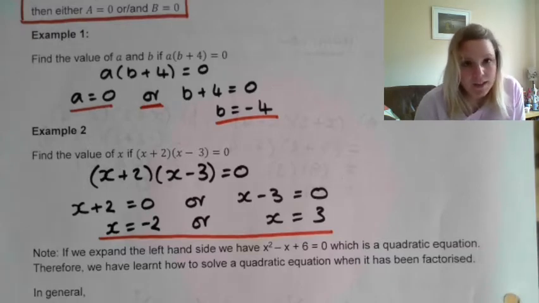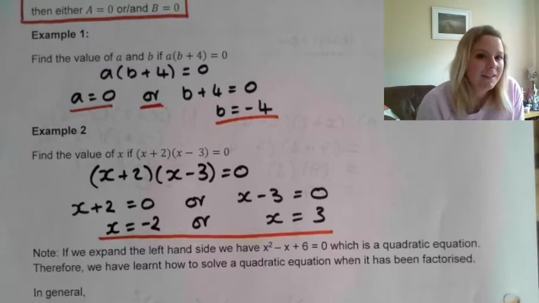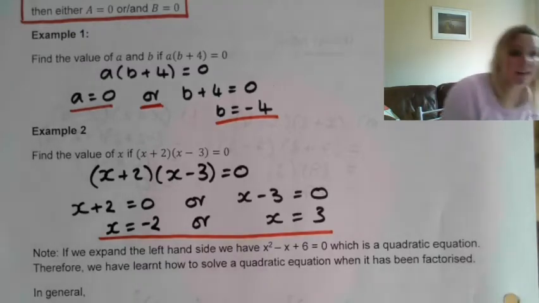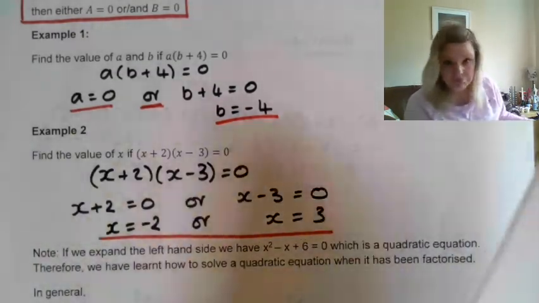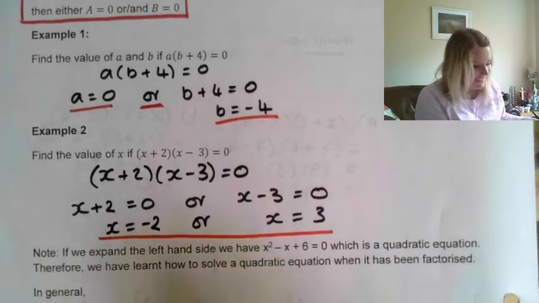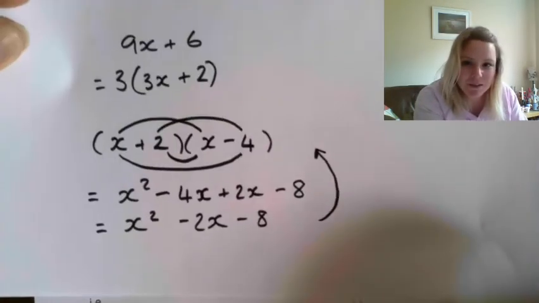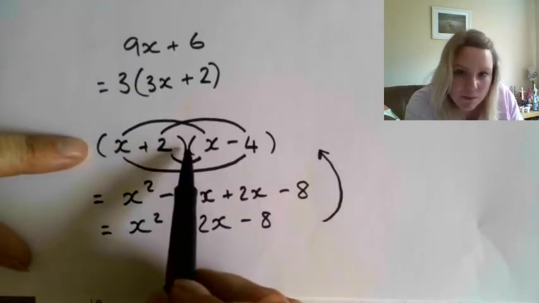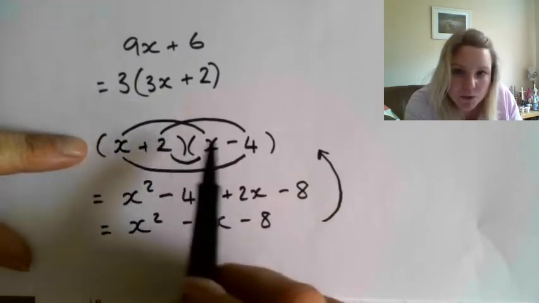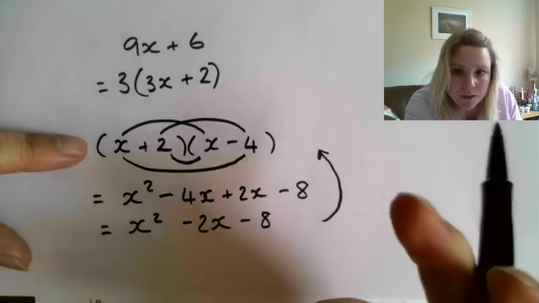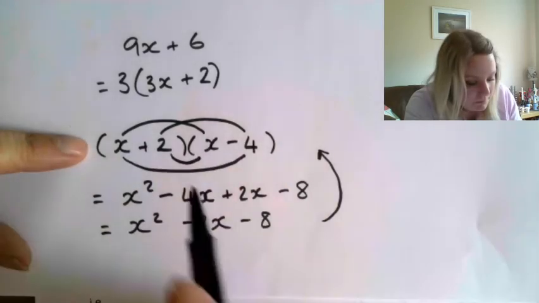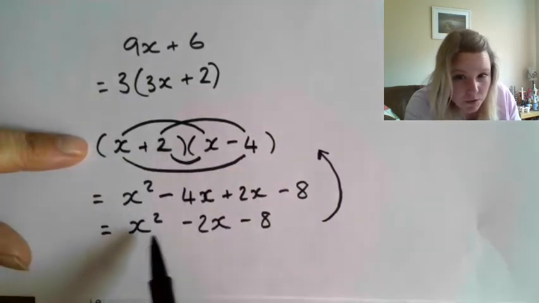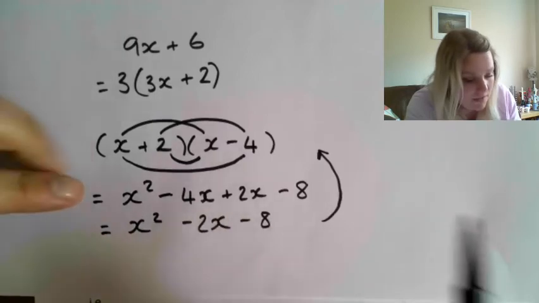Now, if you think back to what I said in that last video that hopefully you have just watched, do you remember I was saying that if we have two brackets multiplied together, they really are just a quadratic expression factorized.